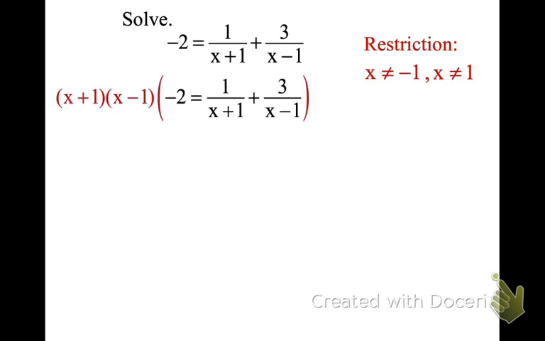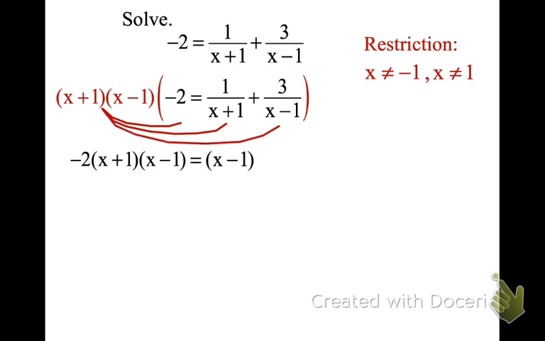Okay, so when I distribute, nothing cancels for the first one. When I distribute, the x plus 1 clears, and I'm left with the quantity of x minus 1, plus, when I distribute, the x minus 1 cancels, and I'm left with 3 times x plus 1. Remember, this is all over 1, and that's why we get that cross-canceling here.